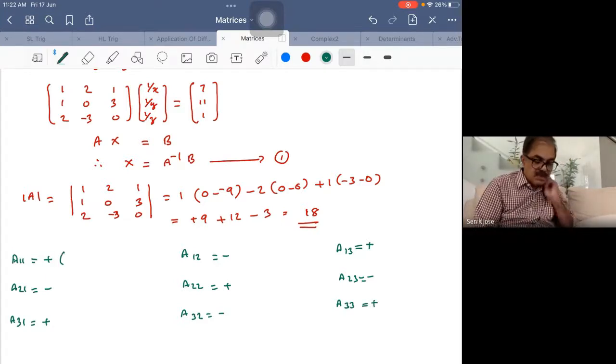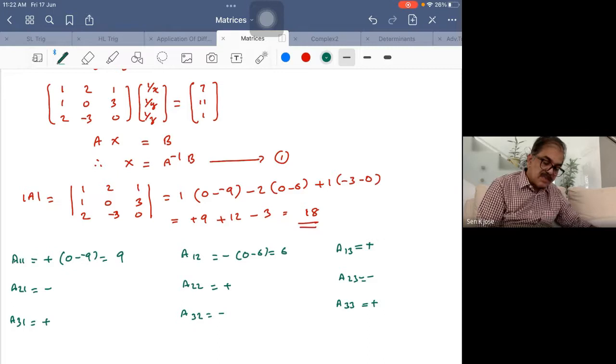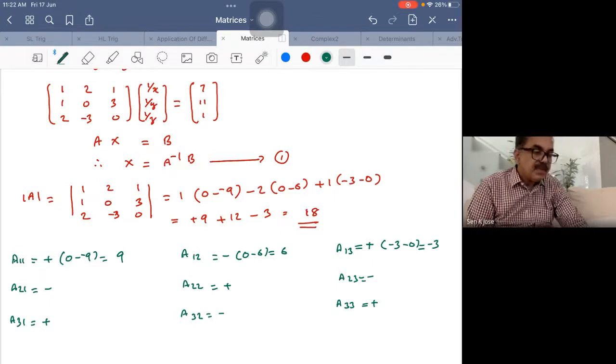So plus of, calculate its minor. A11 minor is 0 minus 9, which is minus 9. A12 will be 0 minus 6, which is minus 6. A13 will be minus 3 minus 0, which is minus 3.